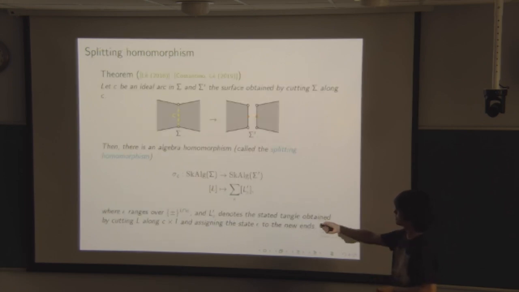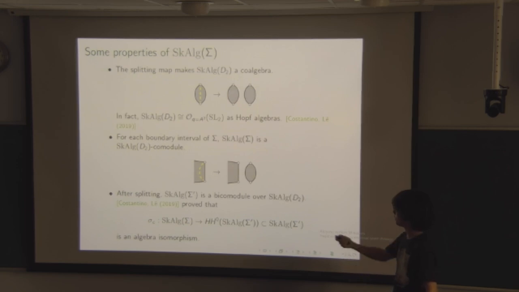From the existence of the splitting homomorphism alone, one can already get a lot of insights into the stated skein algebras. For instance, if we start from a bigon, then we can split a bigon along this ideal arc to create 2 copies of bigon. So the splitting homomorphism gives a homomorphism from the stated skein algebra of bigon to tensor products of 2 copies of it.